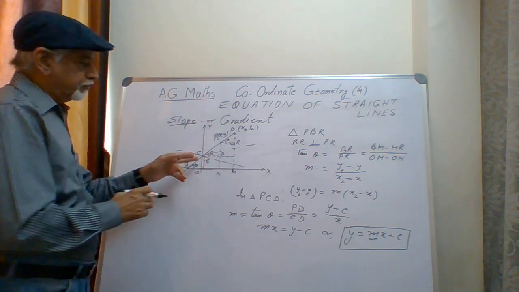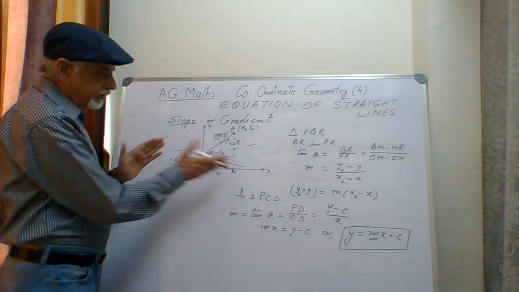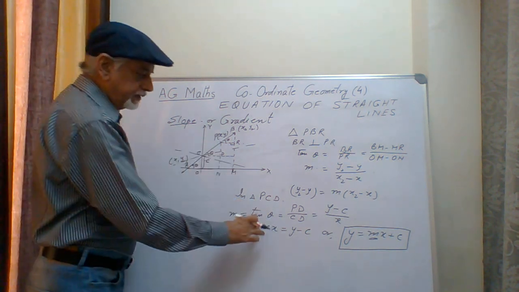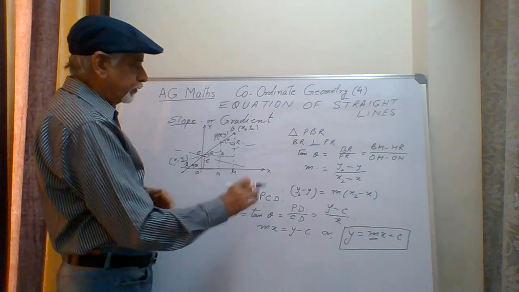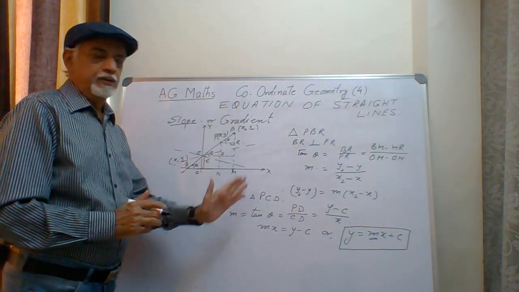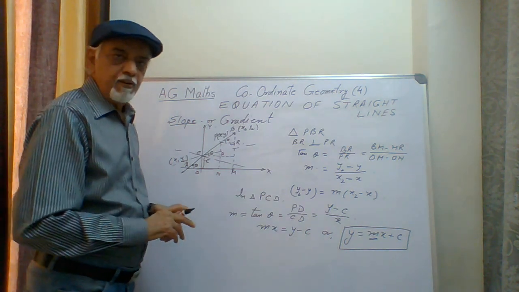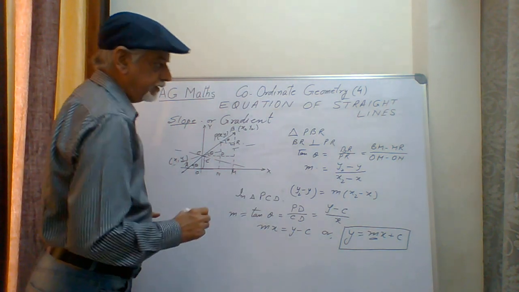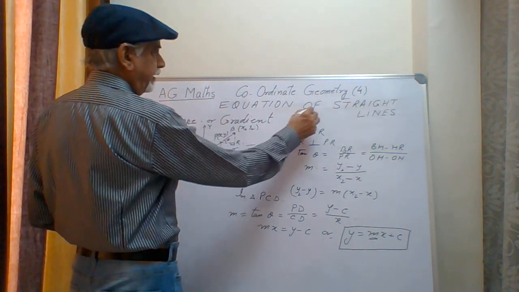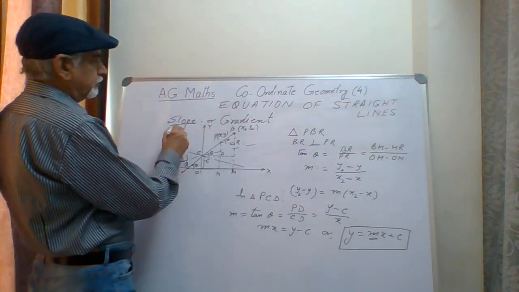Many lines can pass from point C but have different inclination to the x-axis, and that inclination changing will change the value of m. And put any value of x on that, we get a respective value of y. C is constant. So y is equal to mx plus c is a relation for an equation of line which is called the slope form.